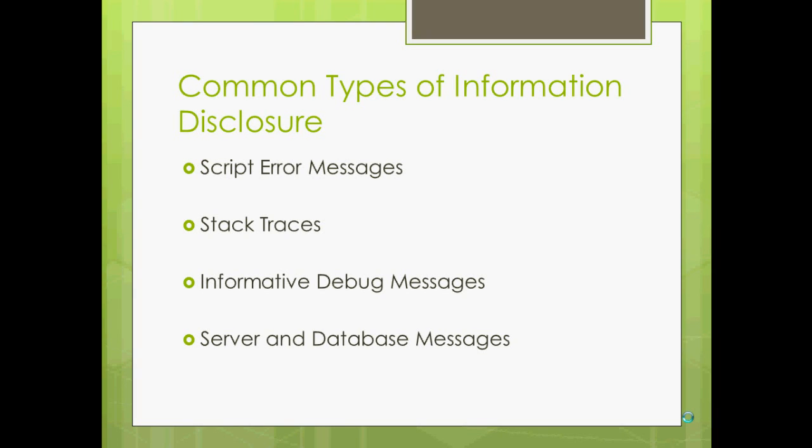Informative debug messages, maybe some kind of custom error message the programmer put in there to help him debug his web application. Things that may be found in there, like maybe key sessions, credentials, file and directory names on the server, session tokens with meaningful data, encryption keys, and just debug information that may show other things as well.